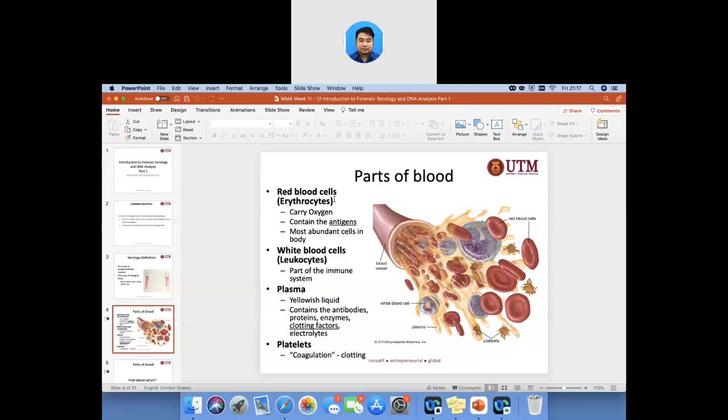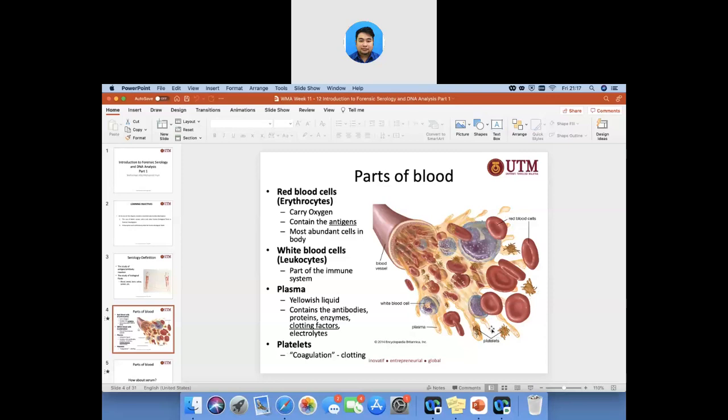Now let's look at plasma. Plasma is the yellowish liquid which contains antibodies, proteins, enzymes, clotting factors, vitamin K for our clotting factors, and electrolytes. We have platelets as well, which are for coagulation, for clotting purposes.